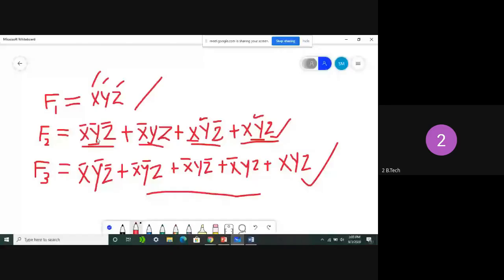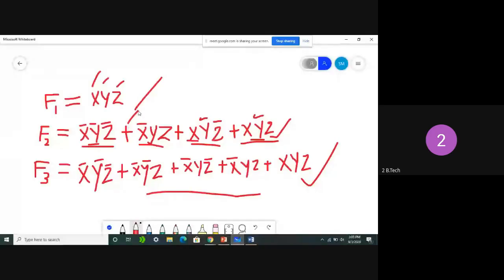First tell me the AND gates count and the OR gates count. OR gates 4, sir. And how many AND gates? AND gates 4. How many OR gates? 3 OR gates. One plus symbol is there, another plus symbol is there, one more plus symbol is there. So your answer is 3 OR gates.